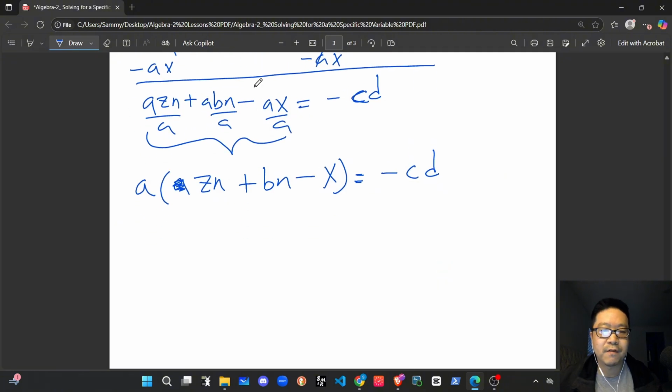Now we can finally isolate A, and we can do that by dividing both sides by the expression in the parentheses.